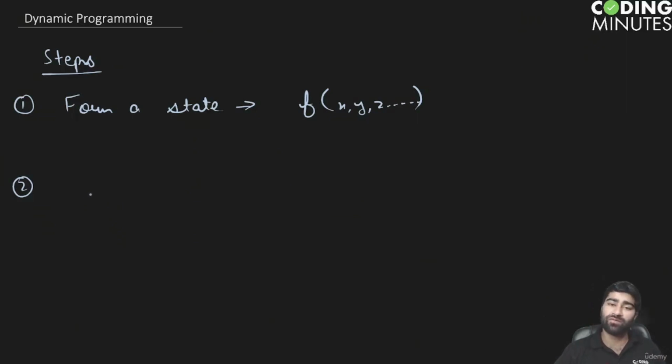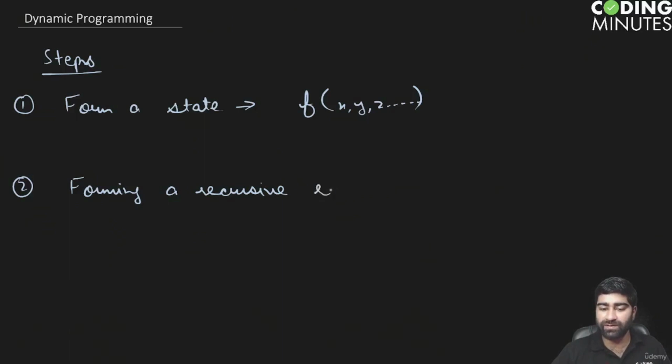Is it a summation of all the states, or a multiplication of all the states, or minimum of all the states? So the second is forming a recursive relation. Why recursive? Because f of something will call f of something only. Only the variables will change. I'll give you an example, do not worry.